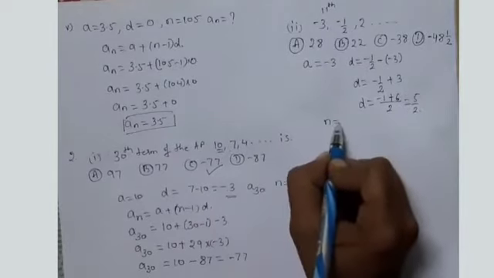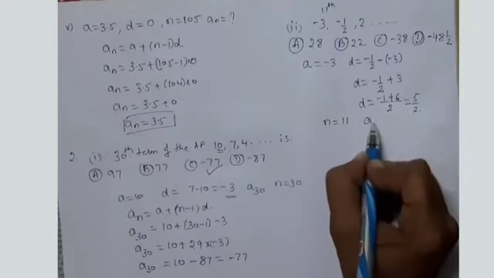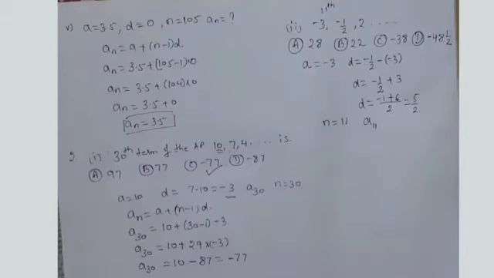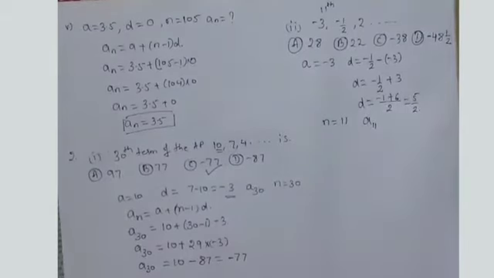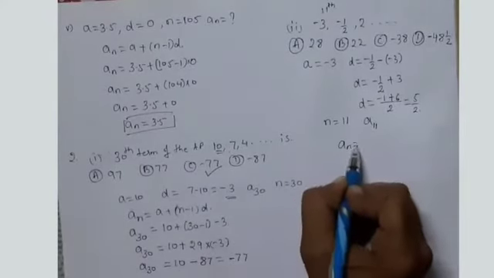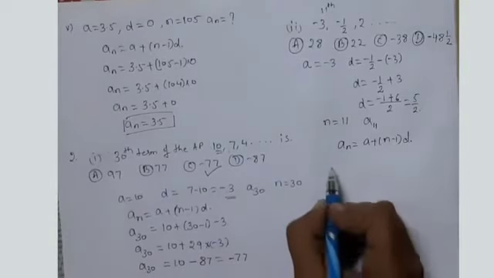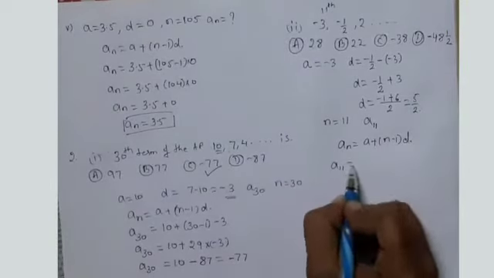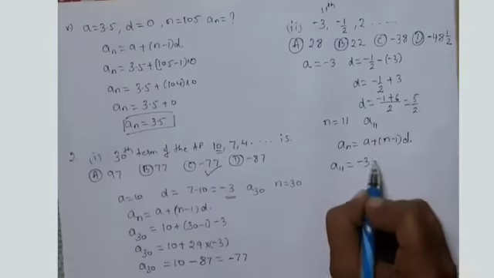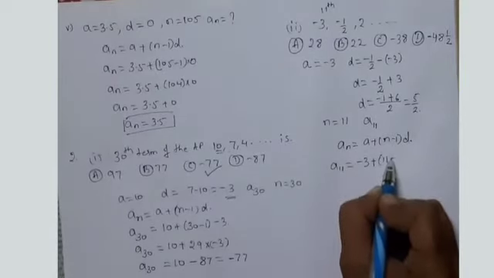N is given for you as 11. And you have to find out a11. 11th term means that you have to find out a11. So let us find a11 by using the formula an is equal to a plus n minus 1 into d. So a11 will be equal to value of a is minus 3 plus value of n is 11 minus 1.